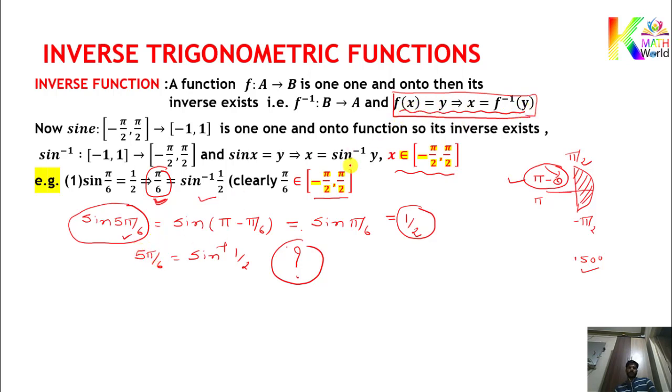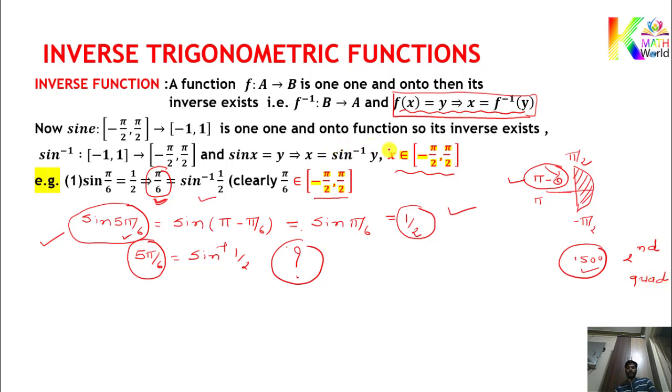So sine 5 pi by 6 is 1 by 2, and you might think 5 pi by 6 is also sine inverse 1 by 2. But see this value, 5 pi by 6 means 150 degrees, pi by 6 is 30, 30 into 5 is 150 degrees. Which quadrant? The second quadrant.